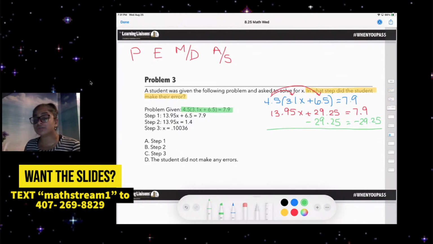And we want to subtract because currently 29.25 is being added. So we have to do the opposite operation. So we'll get 13.95x is equal to negative 21.35.